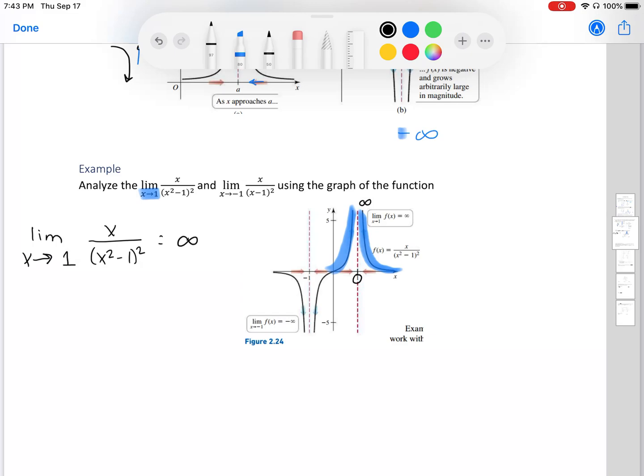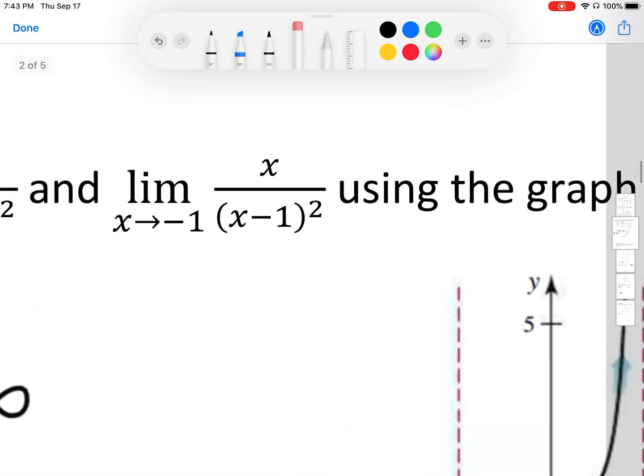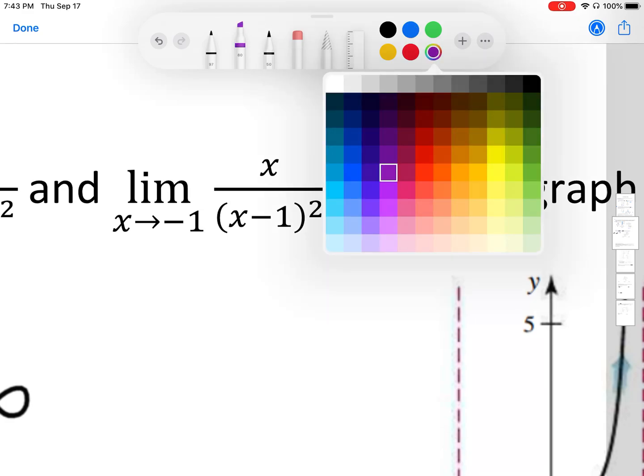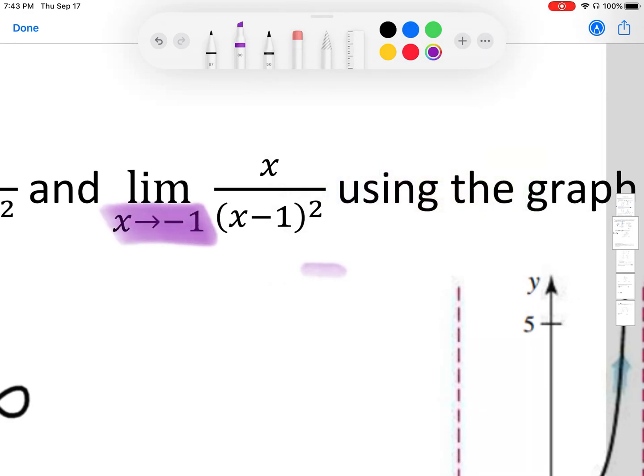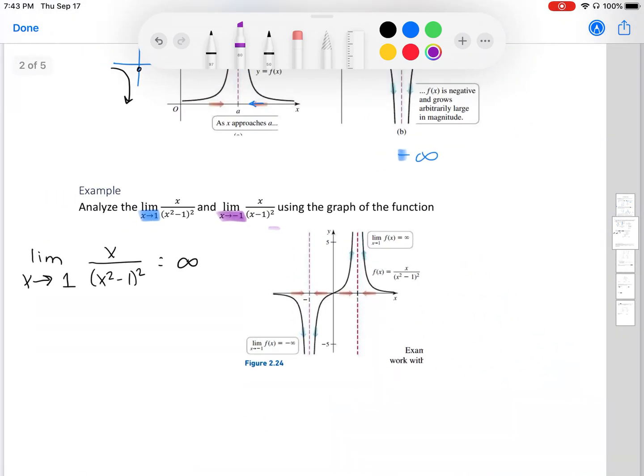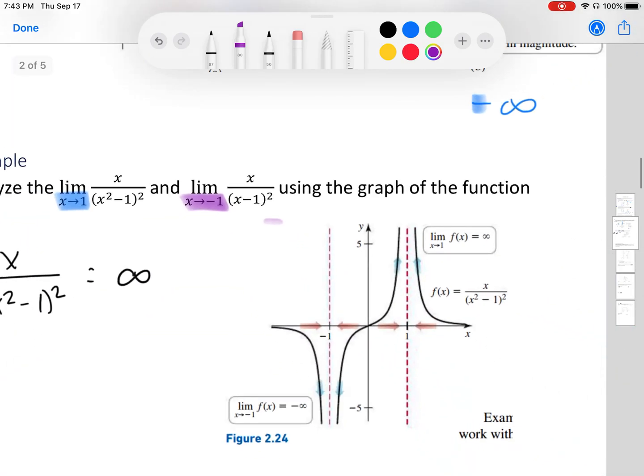Okay, now let's take a look at our other question. Let's take a look at the same function, but now we're going to consider when our graph is approaching negative 1.